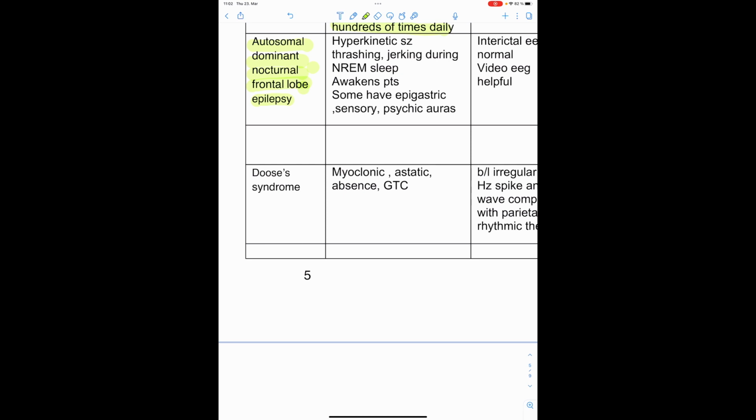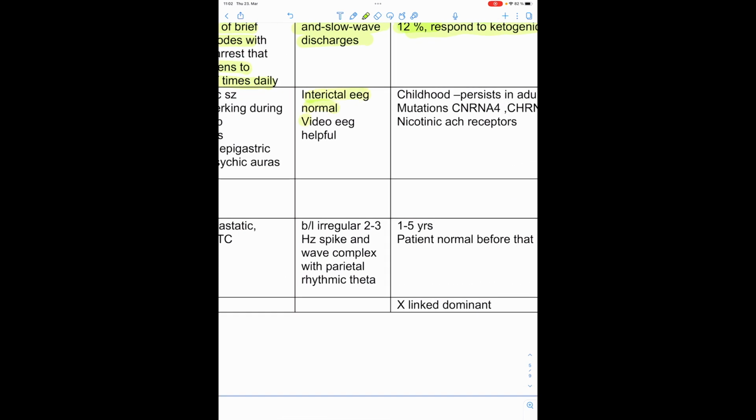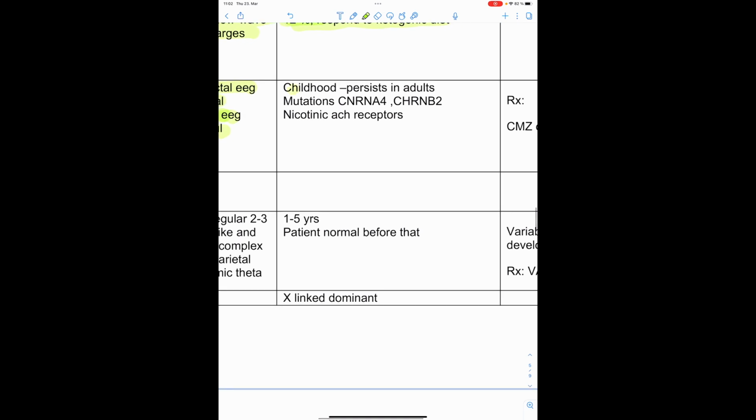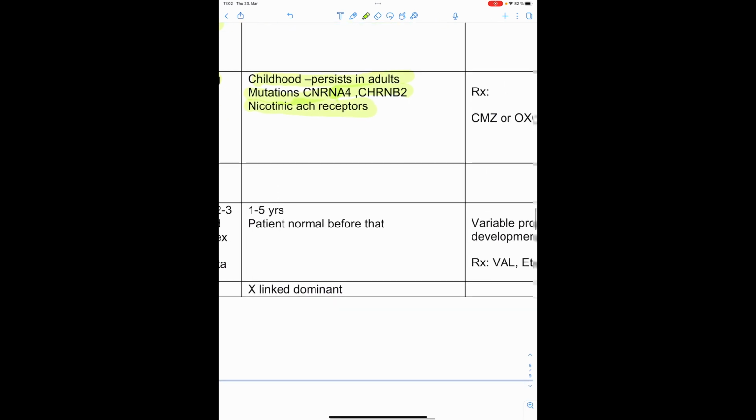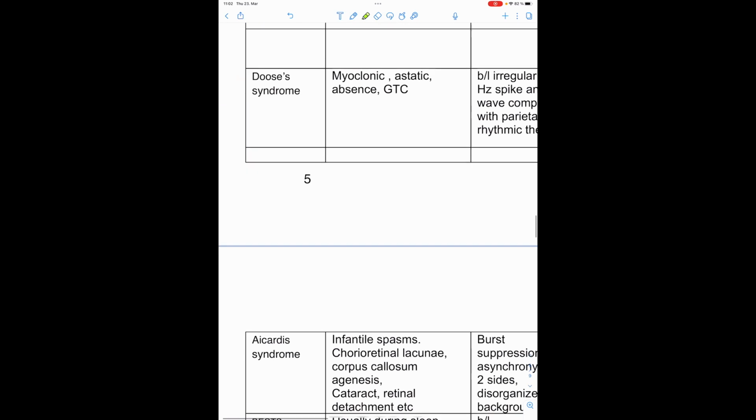Some have epigastric, sensory, and psychic auras. Interictal EEG is normal and video EEG may be helpful. It starts in childhood, it may persist in adults, and mutations include CHRNA4, CHRNB2, and nicotinic acetylcholine receptors. Treatment is carbamazepine or oxcarbazepine.